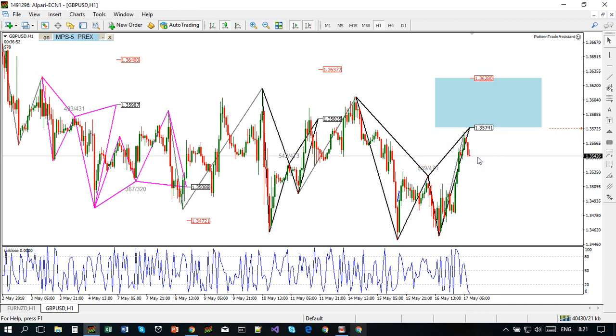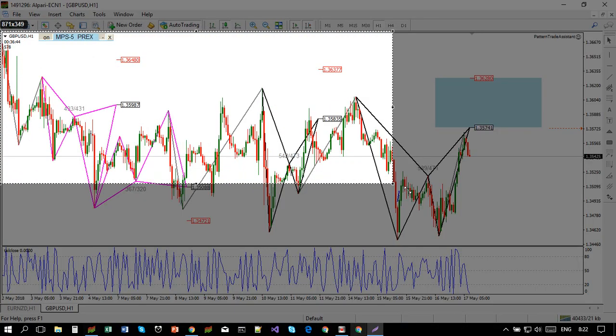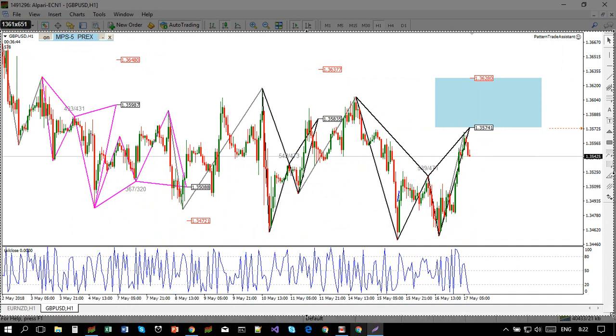It is the completion. The second thing that you need to look at is the execution, and I execute my patterns using candlestick formations. So what are my favorite candlestick formations? They are called powerful bearish candle and powerful bullish candle. What is the powerful bearish candle? Suppose this is the range between the high and low, and it has 100%.